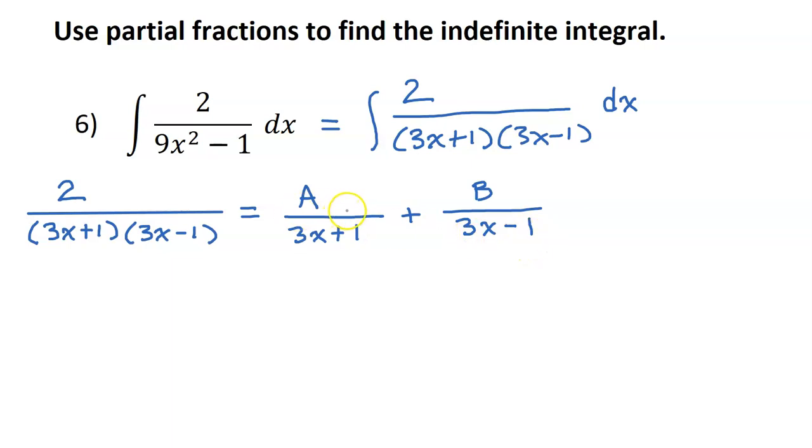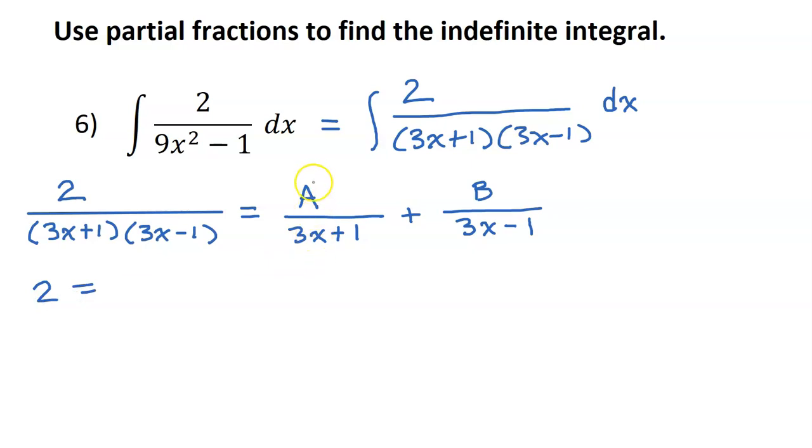To solve for A and B, let's multiply both sides of this equation by the common denominator, 3x plus 1 times 3x minus 1. If we multiply the left side of the equation by this common denominator, both factors cancel out and we are left with the 2.